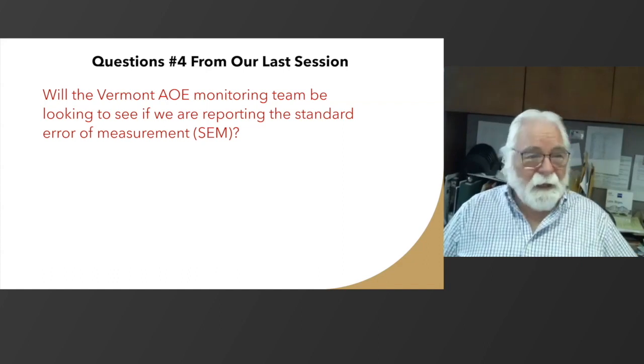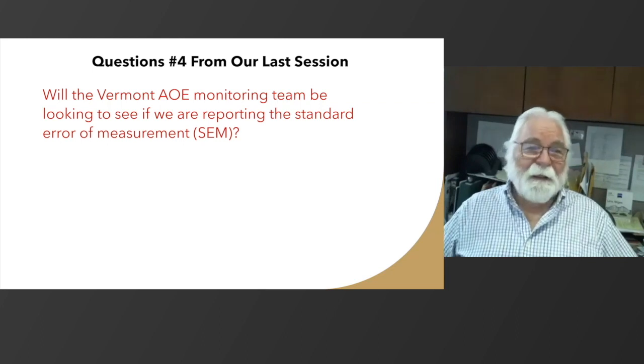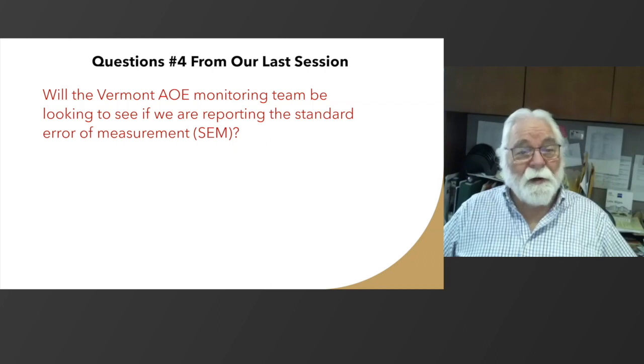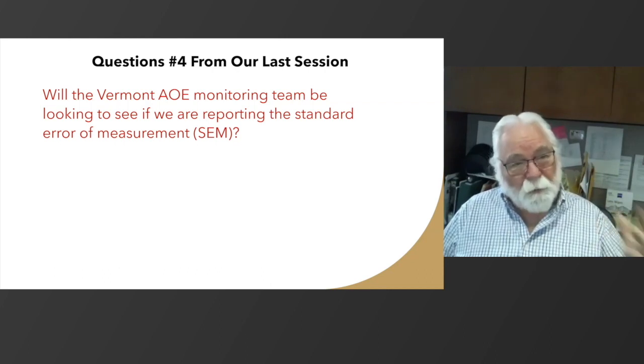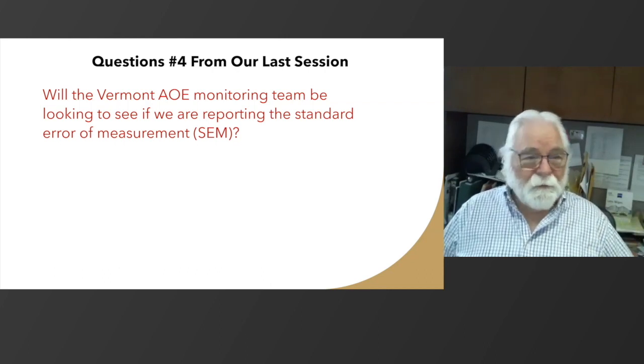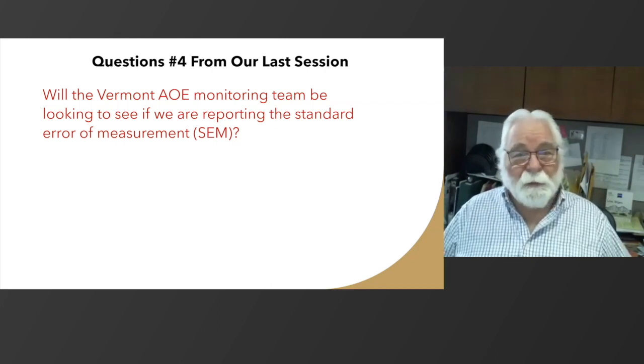I will say that Vermont special education regulations indicate that the educational planning team must consider the standard error measurement when reporting scores. And to me, that suggests that if you're reporting scores in a written report, then you need to include that. That's my opinion, the standard error measurement.